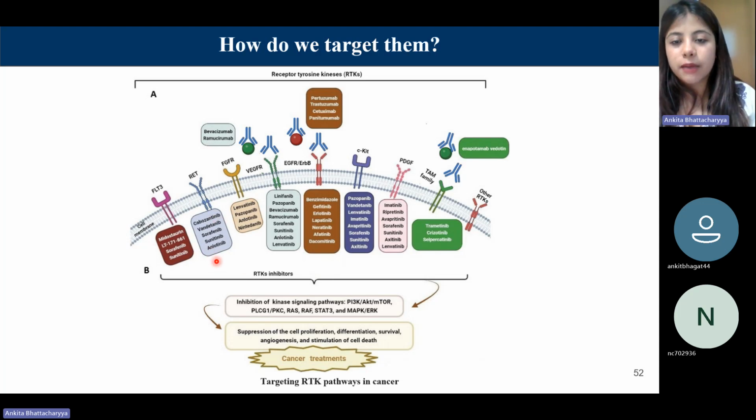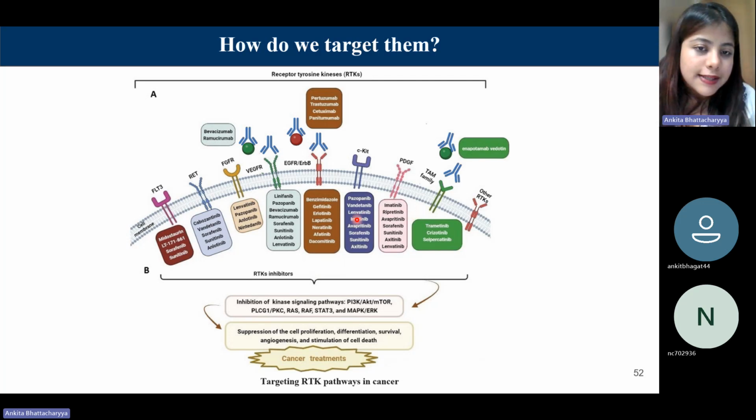Now, what I was talking about, the promiscuity part of it, you will find that some of these drugs like sorafenib, you will find in multiple classes of receptors, and that shows some promiscuity. However, if there is a certain type of drug which is meant to be functional for only one of these pathways, that will be considered to be more specific.